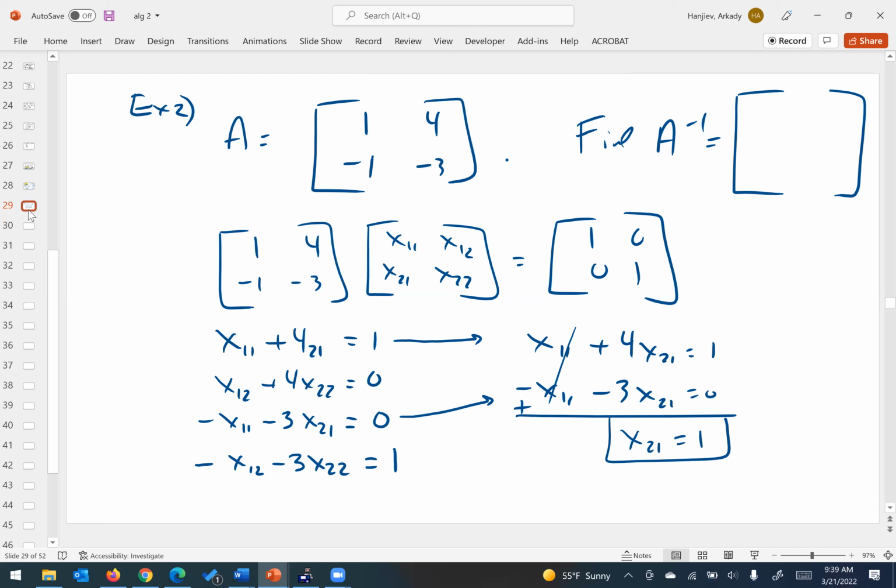Got it. All right, if that's the case, if x21 is 1, that means x11 plus 4 times 1 is equal to 1. Therefore, x11 is -3. Tell me if you guys agree there.